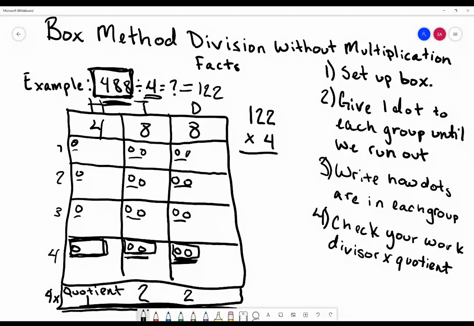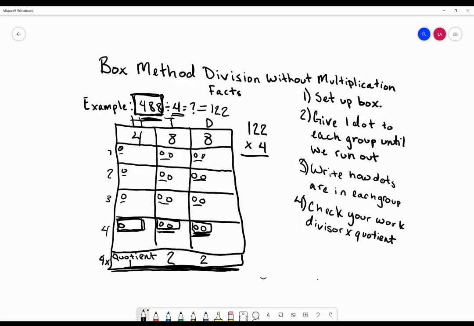I am going to solve this multiplication problem using the standard algorithm for multiplication, just for the sake of saving time. So in order to solve this, we multiply 4 times 2, which is 8. Then we multiply 4 times the 2 in the tens place. 4 times 2 again is 8.